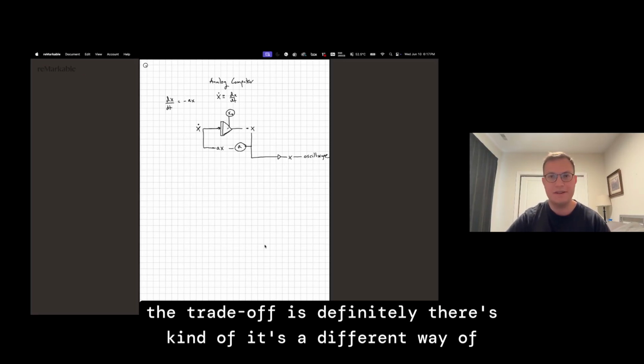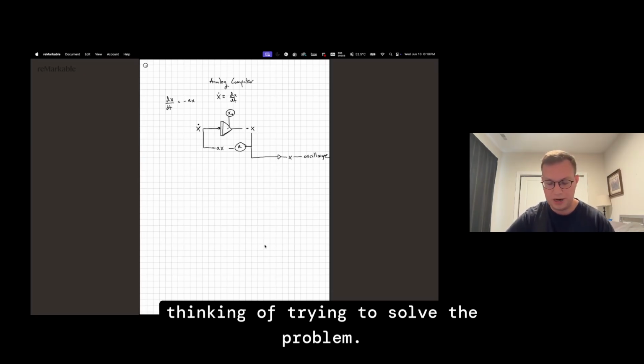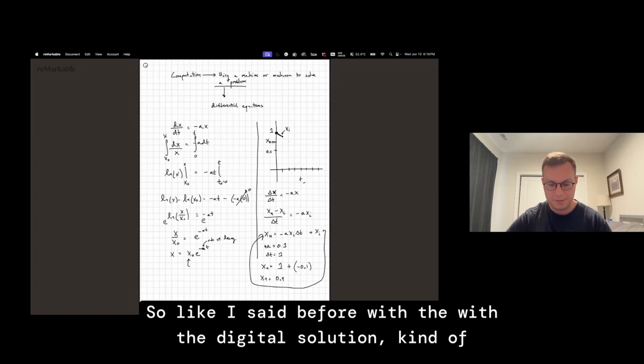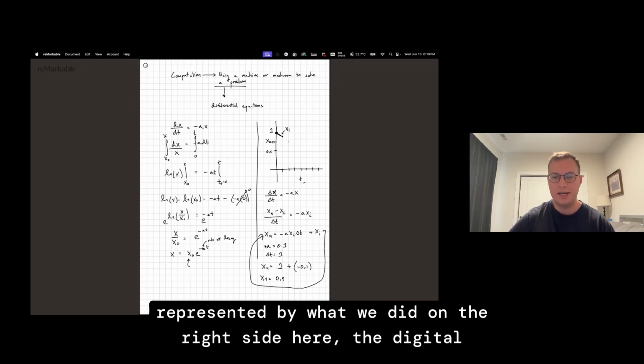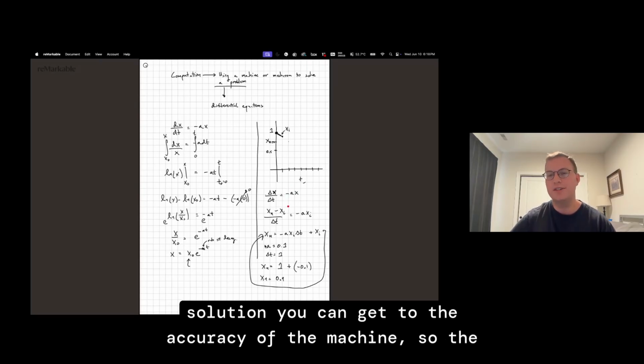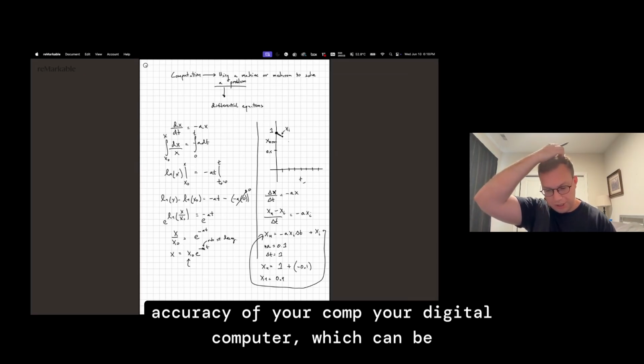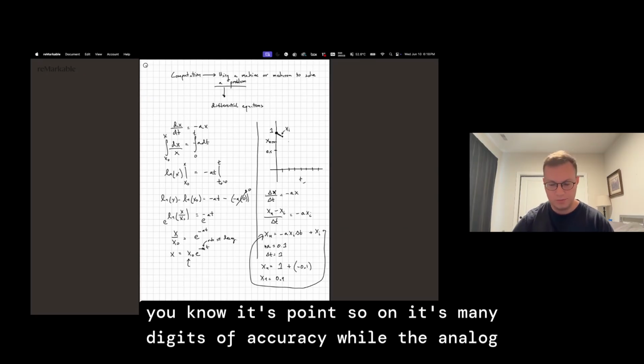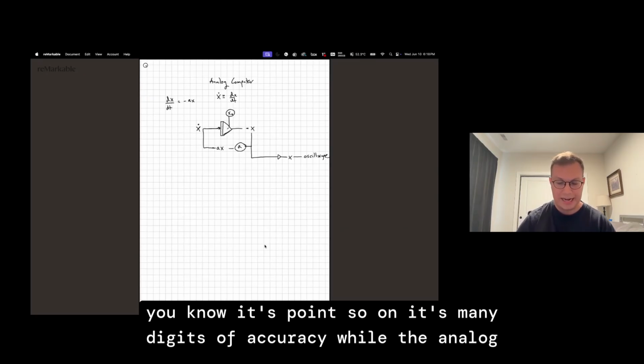Now, what is the trade-off? The trade-off is that it's a different way of thinking about solving the problem, and there's much more limited accuracy. Like I said before, with the digital solution, you can get to the accuracy of the machine, which is many digits of accuracy.